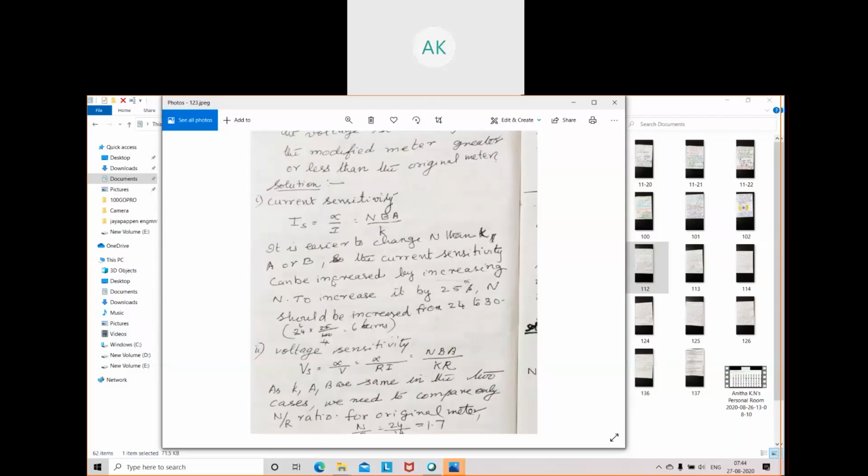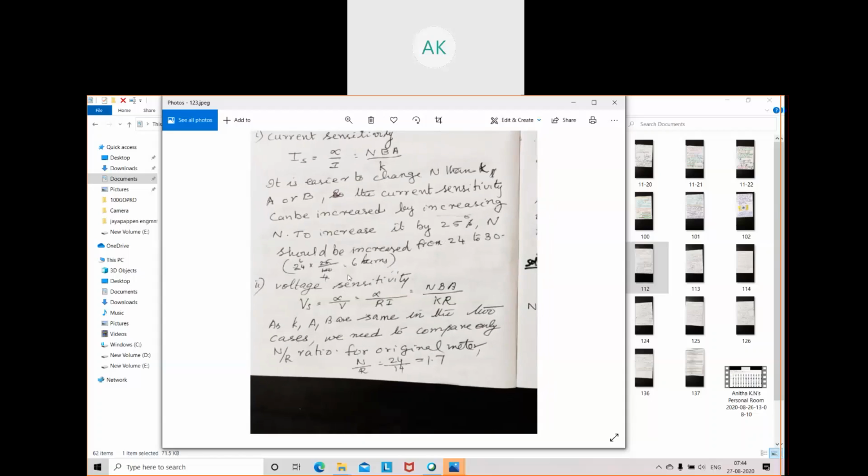Current sensitivity is alpha by I equal to NBA by K, and voltage sensitivity is equal to NBA by KR. Here we have determined the voltage sensitivity.